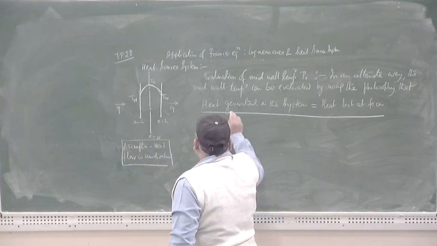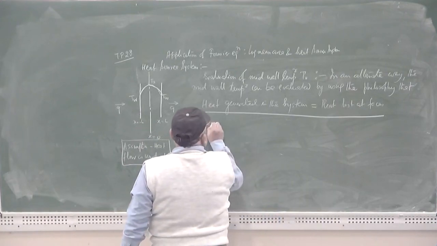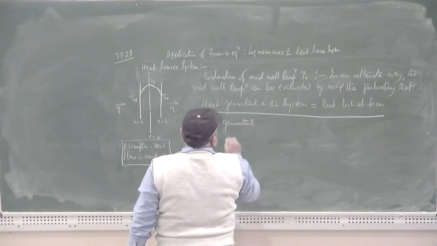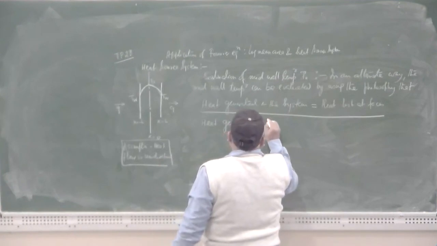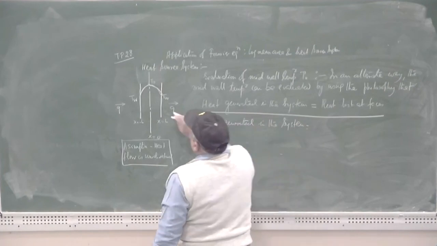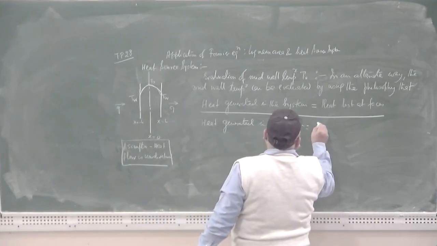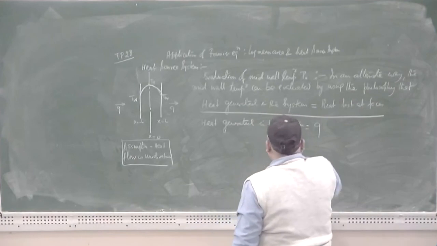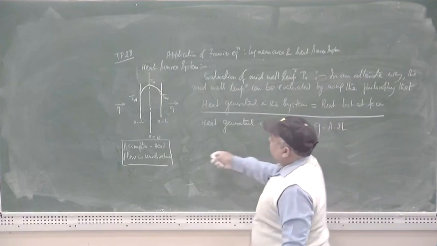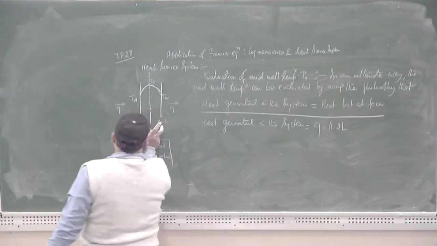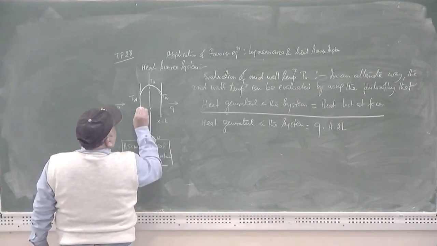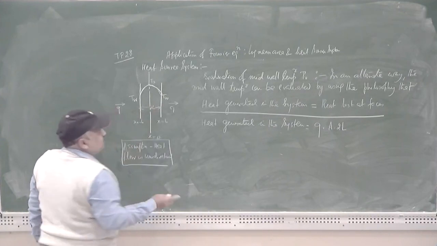Now, because the heat source is being distributed throughout the entire volume, if the heat generation rate is q, then the heat generated in the system should be equal to q into the volume, that is area into this length. This point has the coordinate x equal to minus L, this point has the coordinate x equal to L, that means the value of this length is 2L.